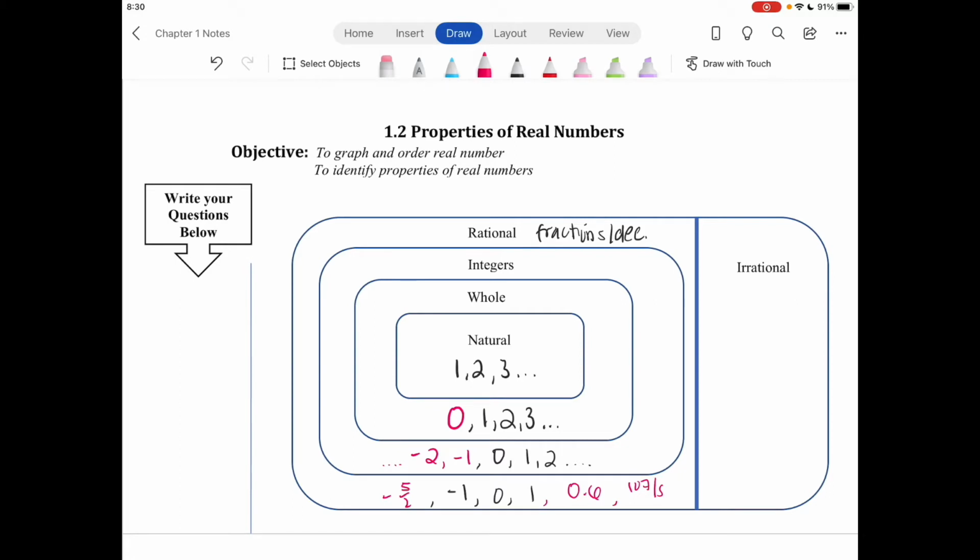And those are just a few examples. So we can see as we work from the outside of our square into the center, they all have some values in common, and that is, they all contain the values that come from the types of real numbers before them.